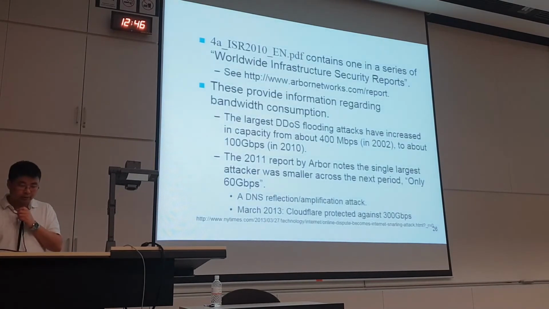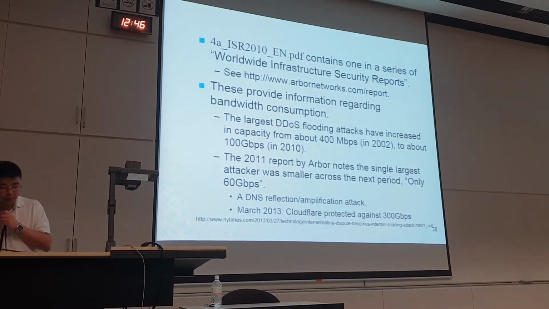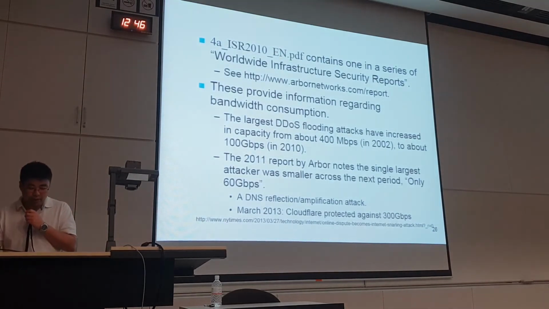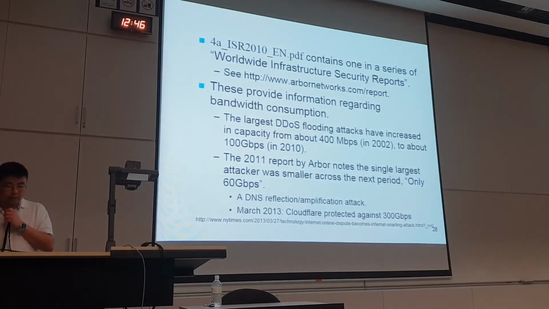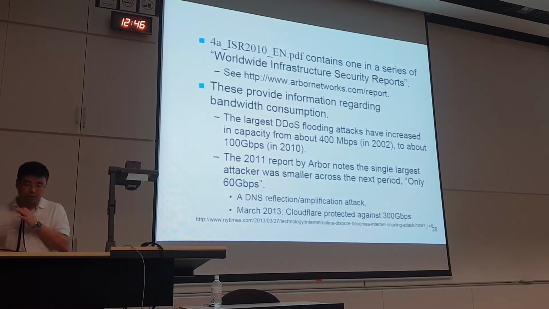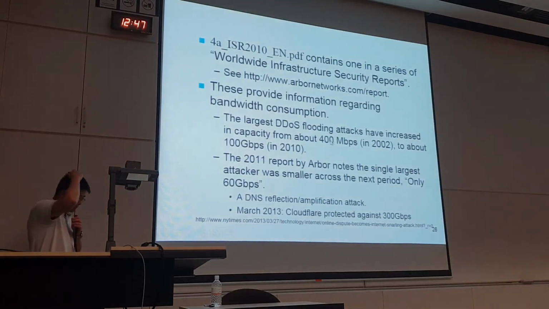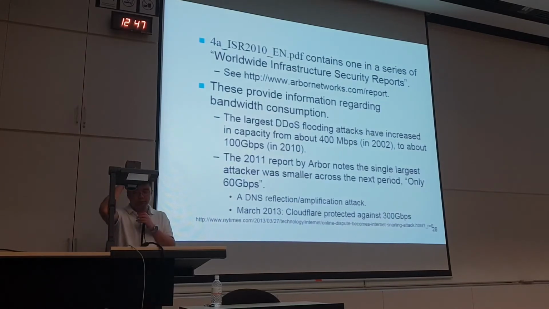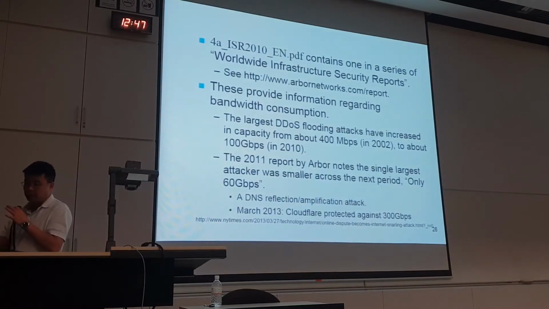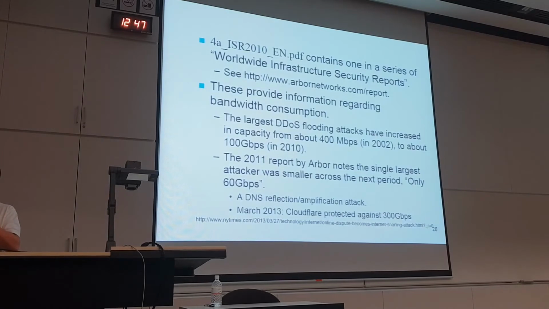And here are some data you can look at. Basically, the volume of data used by the attacker in the distributed denial of service attack has increased a lot in recent years. These are some old numbers. In recent years, if you look at the reading materials, Symantec produces an annual security report.